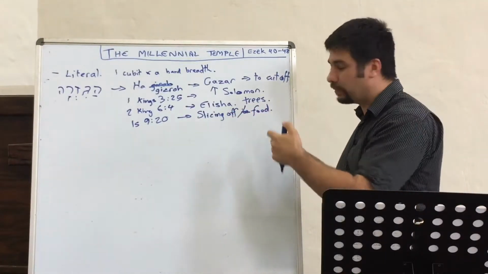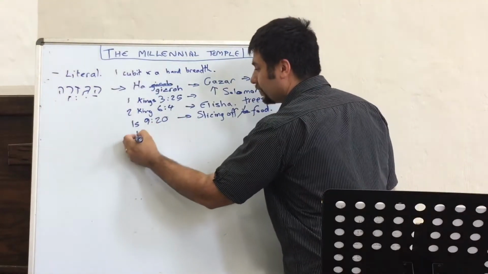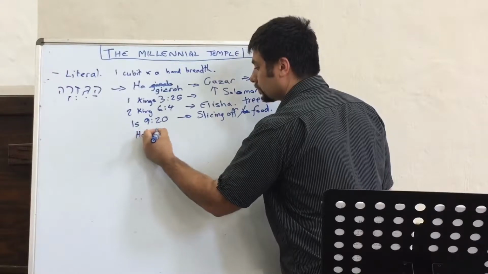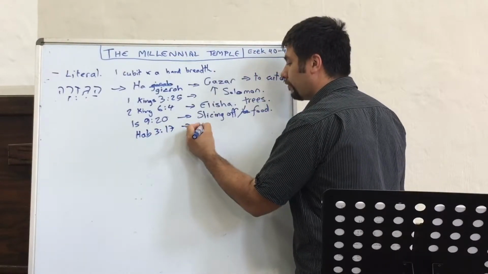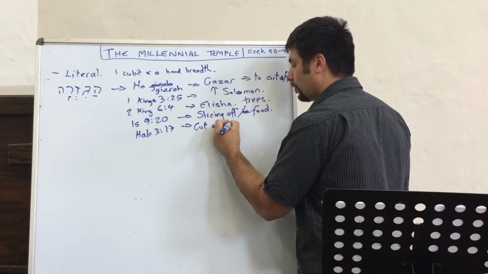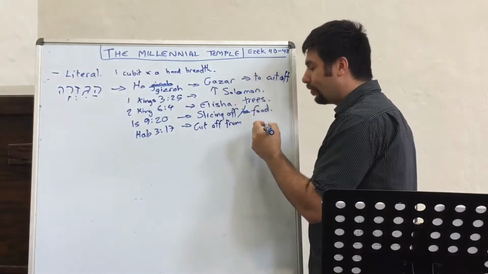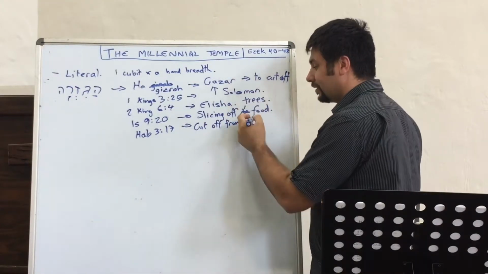Eating food, consuming. And then Habakkuk 3 verse 17 speaks about cutting off from the fold of sheep. People being cut off from the fold means being separated and cut off, killed, destroyed.